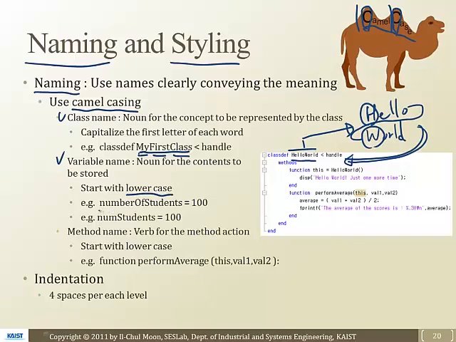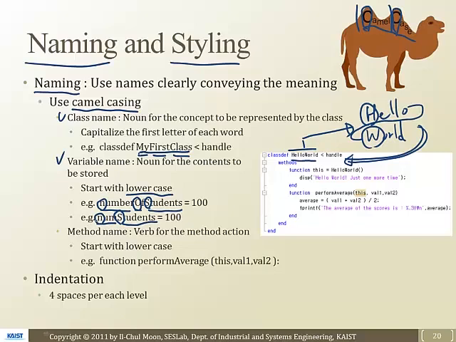We identified three important words: number of students. The first letters of the second and third words are capitalized, like this O and S, but this N is lowercase. Similarly, in student, the S is capitalized and it starts with lowercase. That's for the variable name.